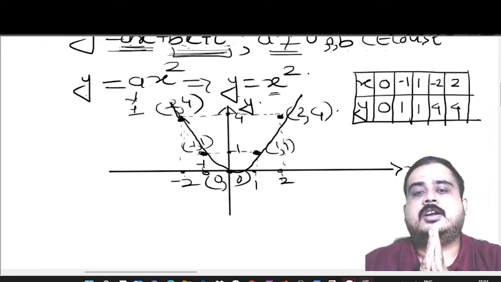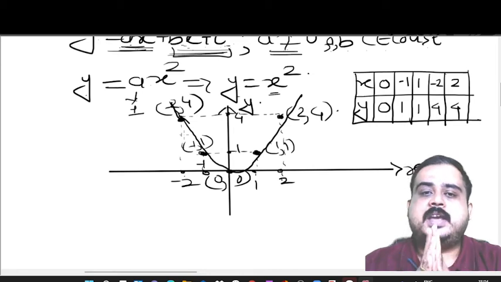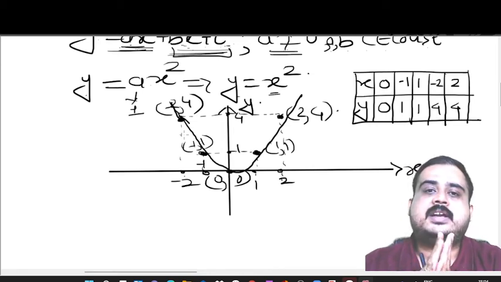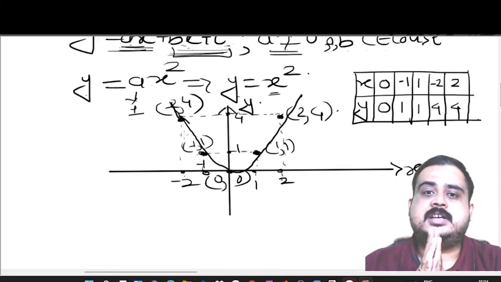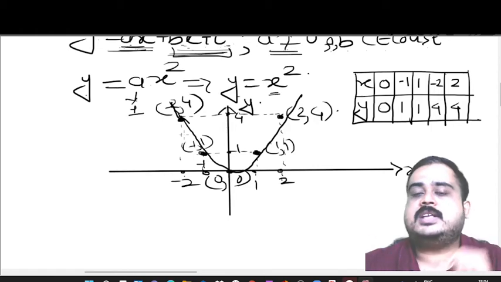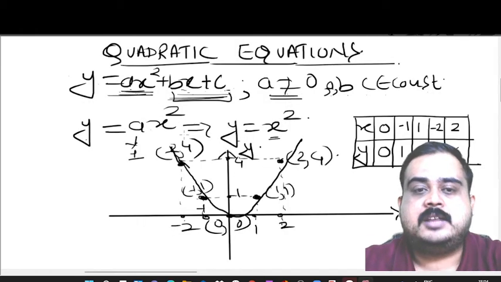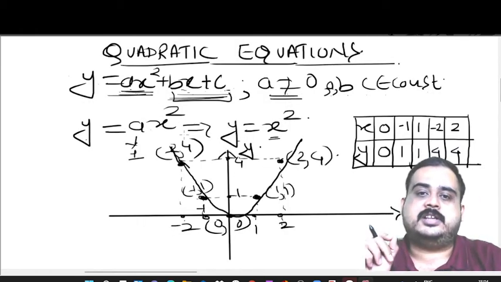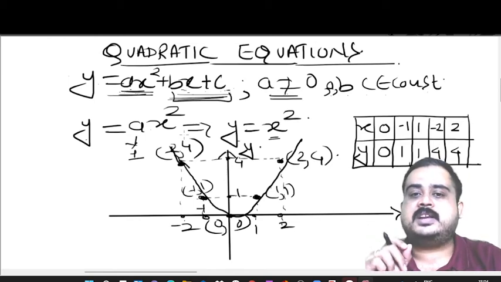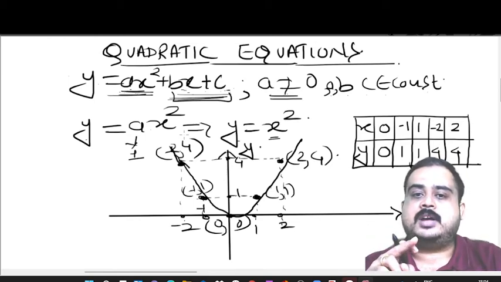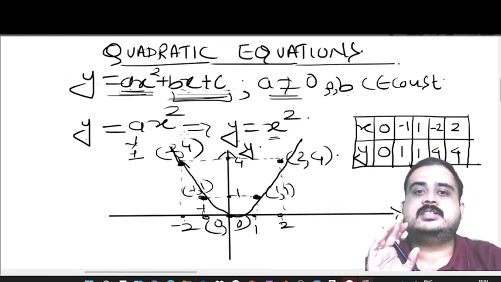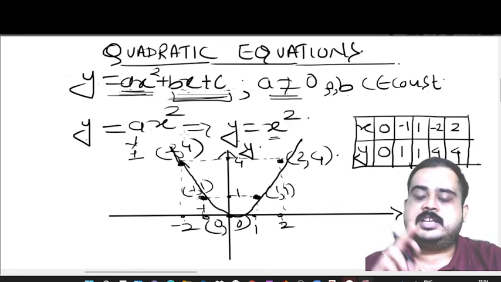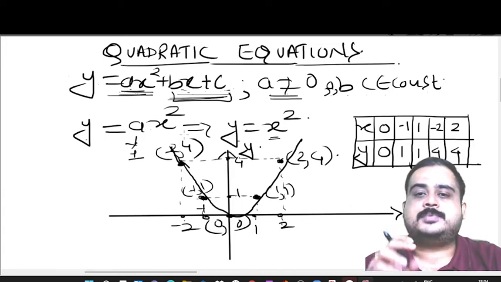Fine. Now, some student may ask a question that why I haven't taken bx plus c. So even if I take bx plus c, will this still be a parabola or not? So definitely you can say here that bx plus c is a linear quantity. Definitely it will have its effect on this parabola, but this parabola will remain a parabola only. That is, if we add bx plus c to this, you will not get an ellipse or a circle.